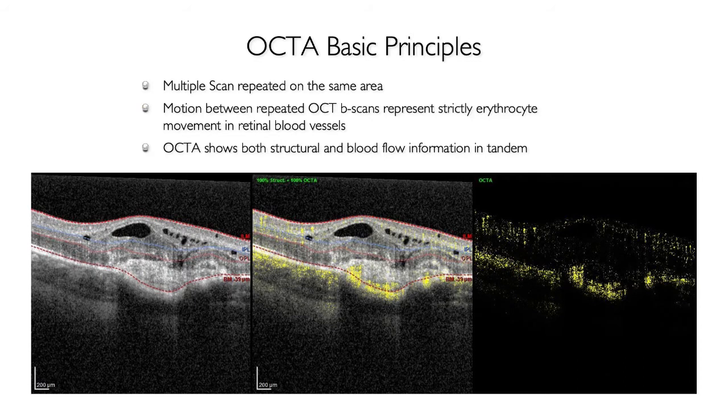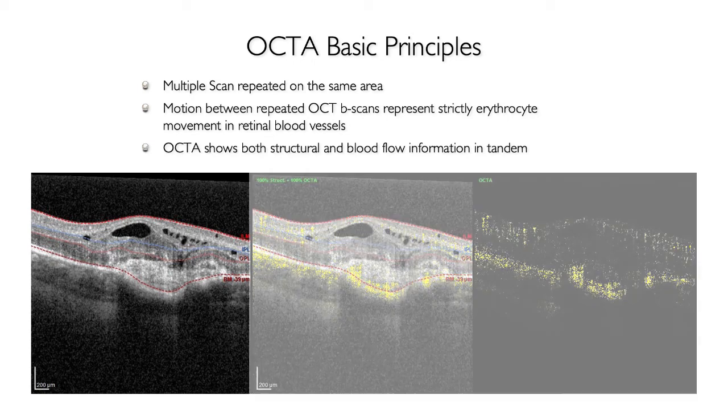Well, thanks to this kind of algorithm, which is included in standard OCT, either spectral domain or swept source, the motion between repeated OCT B scans represents strictly the erythrocyte movement in retinal blood vessels. So with the OCT, we are able to show both the structural and blood flow information in tandem.